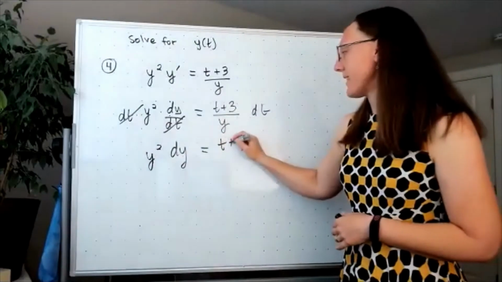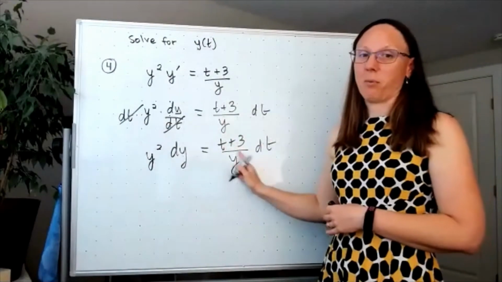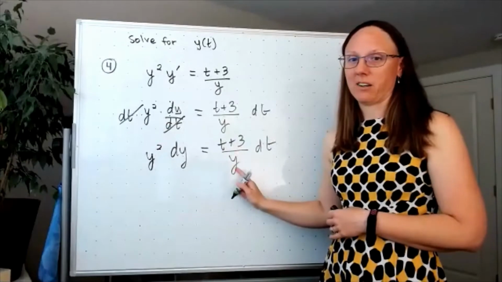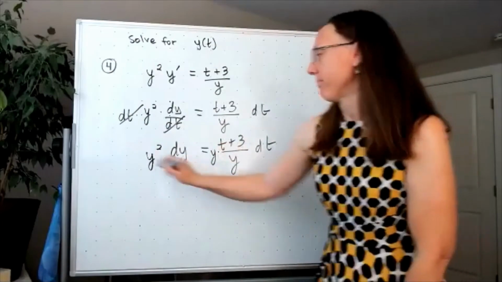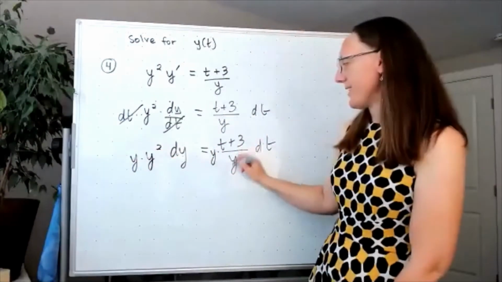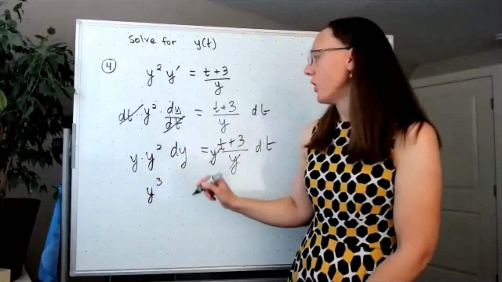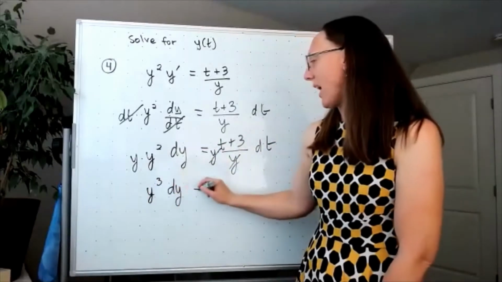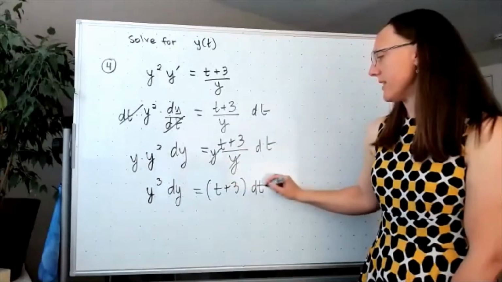And over here, I've got t plus 3 over y dt. This side's still a problem because of that y in the denominator. So I'm going to multiply both sides by y. So here my y's will cancel out. And over here, I can write that as y cubed dy is equal to t plus 3 dt.